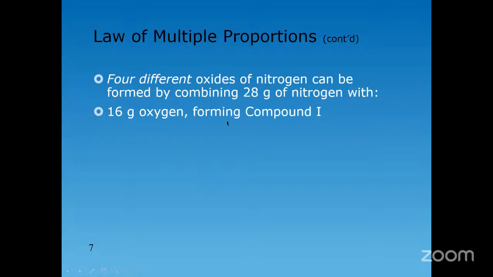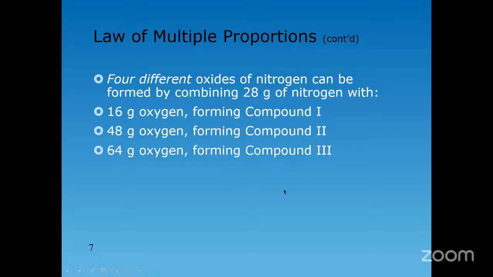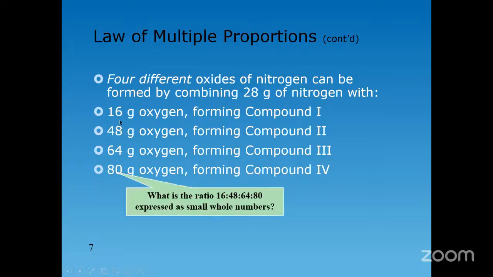Here we go, nitrogen, right? Combining with oxygen will form different compounds. In this example, we're starting off with 28 grams of nitrogen, and in one case, it will react with 16 grams of oxygen to form compound 1. Compound 2 will be formed when it combines with 48 grams of oxygen. Compound 3 will be formed when it combines with 64 grams of oxygen.